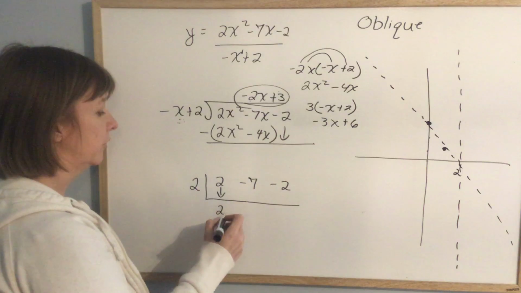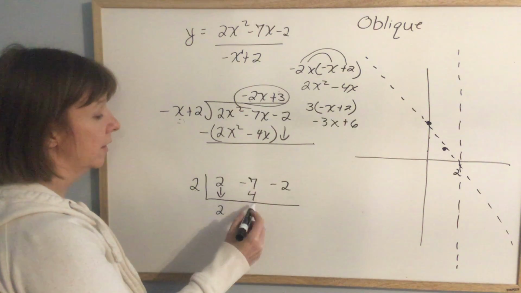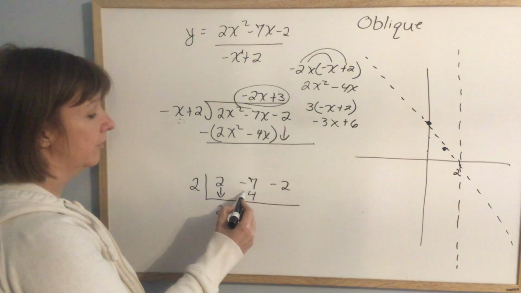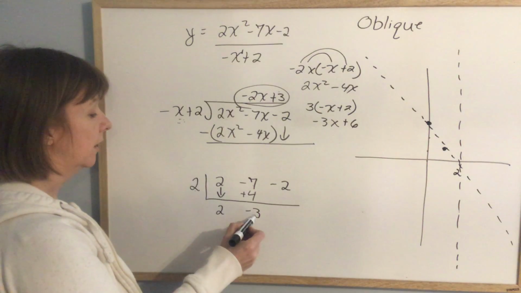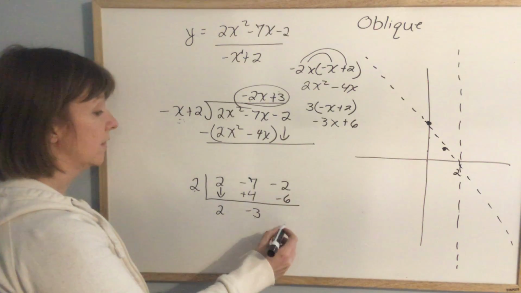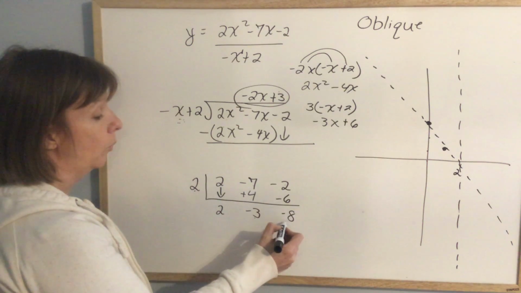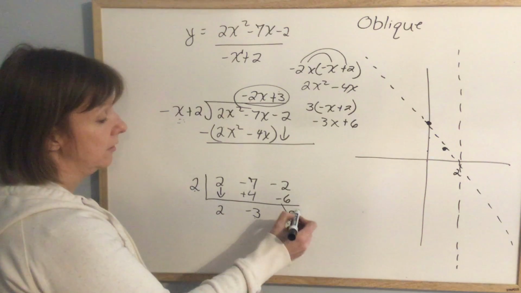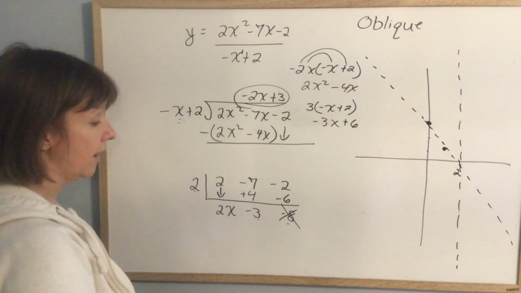We bring down the 2, and then we multiply. 2 times 2 is 4, and we add negative 7 plus 4 is negative 3, and negative 3 multiplied with 2 is negative 6, and negative 2 plus negative 6 is negative 8. Whatever the last thing is, that's your remainder, and you ignore it. This is the constant, this is x.